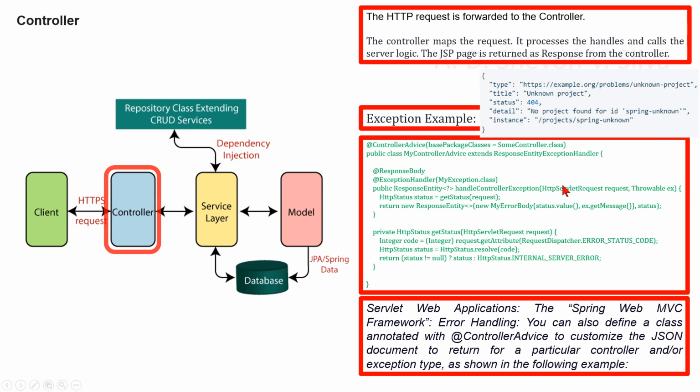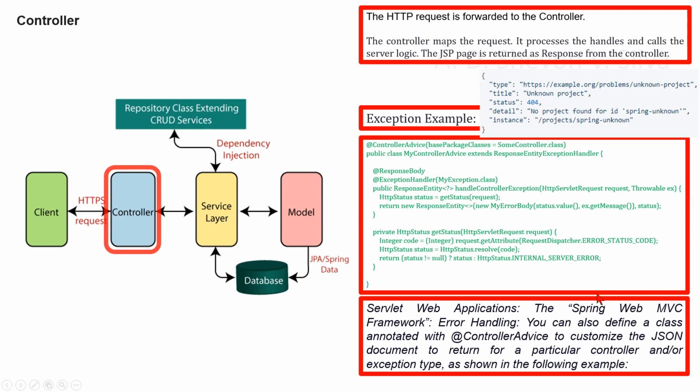You can also define a class annotated with @ControllerAdvice to customize the JSON document for a particular controller and/or exception type, as shown in the following example.